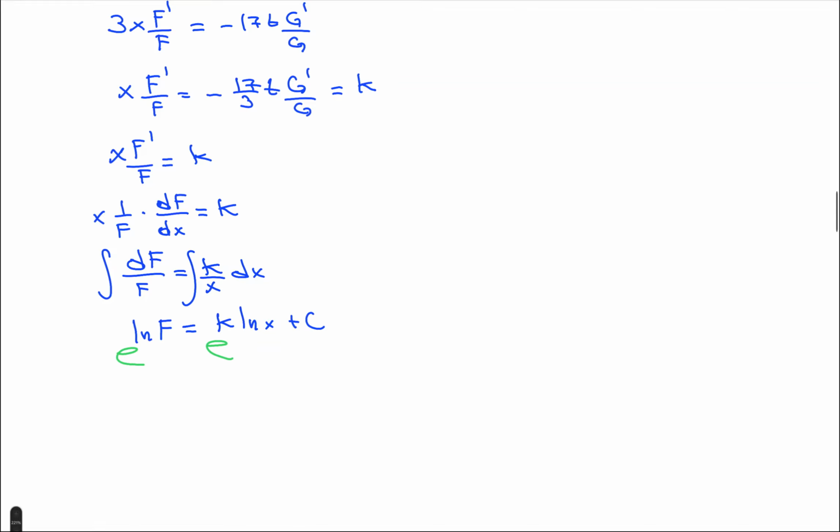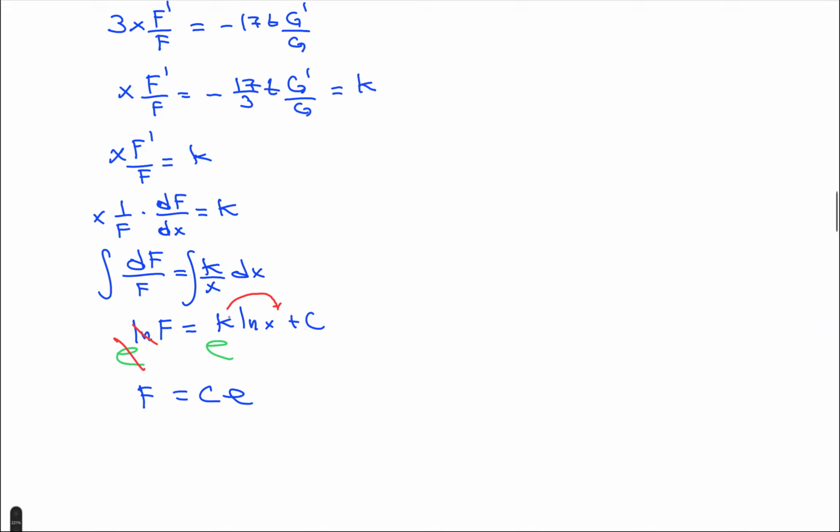Exponentiating both sides to cancel the ln's, e to the c is some constant c. However, we can only cancel e with ln if we don't have any coefficients in front of the ln.